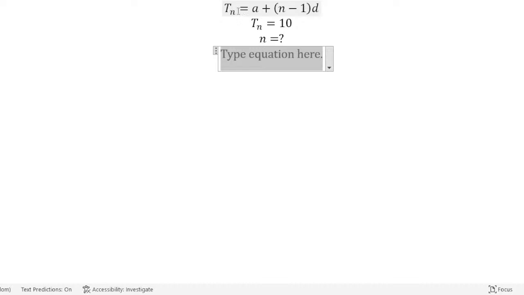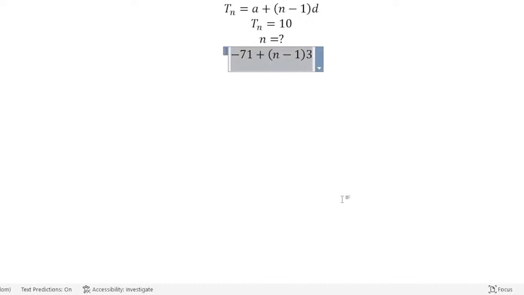Tn is equal to the value of A, which is negative 71, plus n minus 1, times 3. But now, remember, this whole thing is Tn.